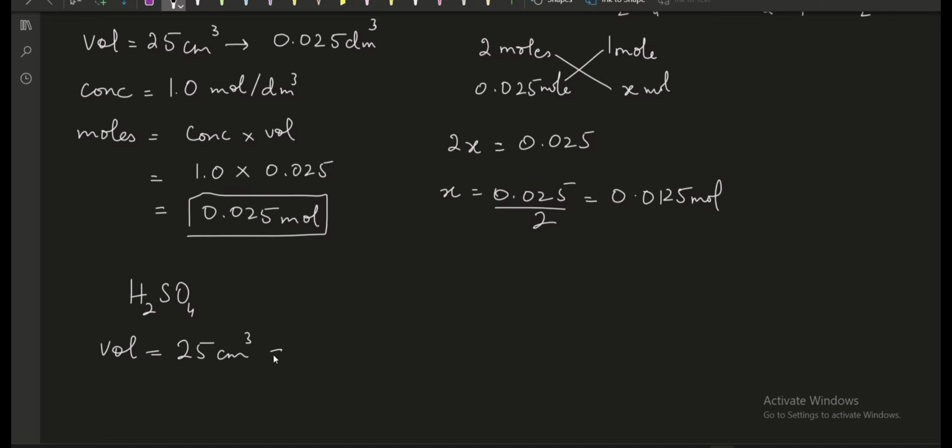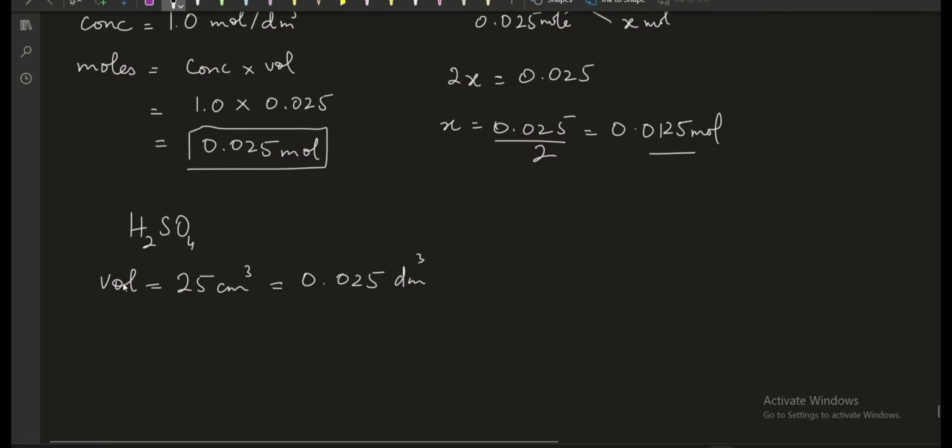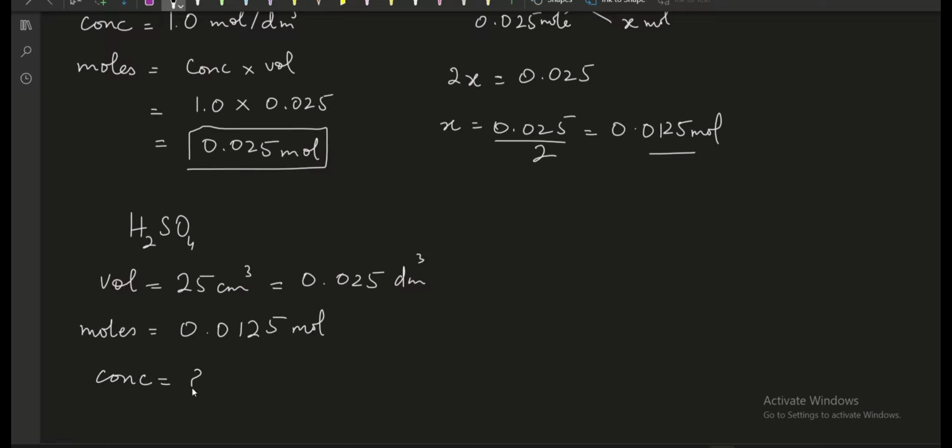We can convert it into decimeter cube, which will be equal to 0.025 decimeter cube, and we have just calculated the moles for sulfuric acid, which are equal to 0.0125 moles, and we are asked to calculate the concentration of sulfuric acid.